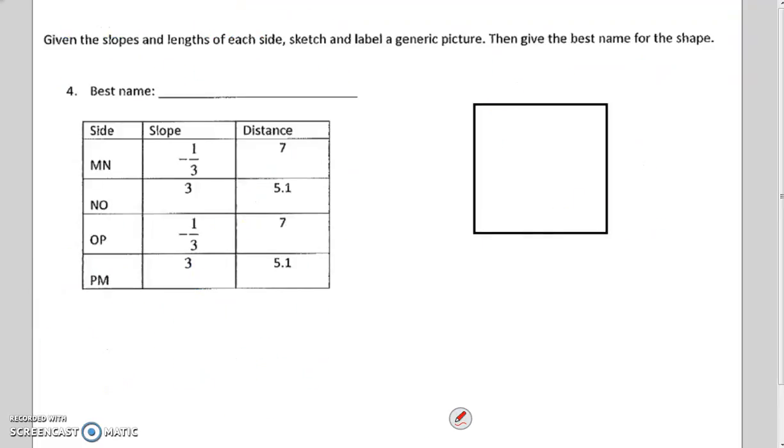This one you don't have to do any work. We just want to label our picture. So MNOP, these have the same slope. These have the same slope. So I mark those parallel. These are congruent. These are congruent.